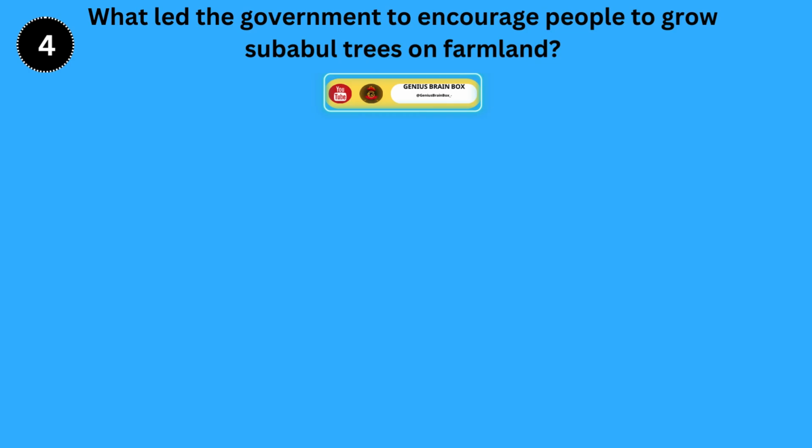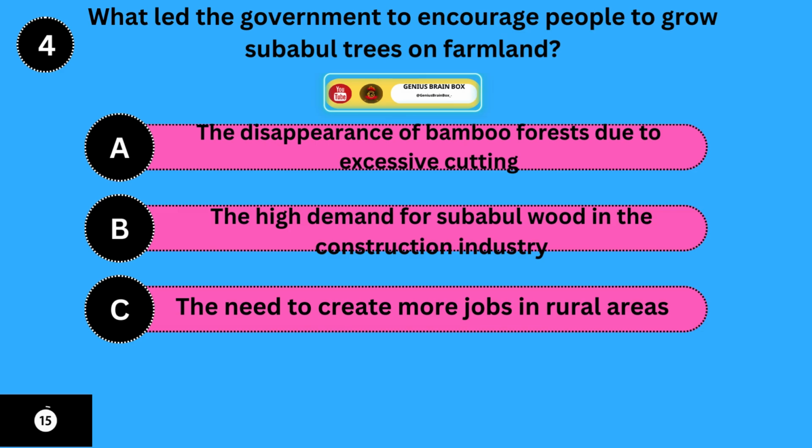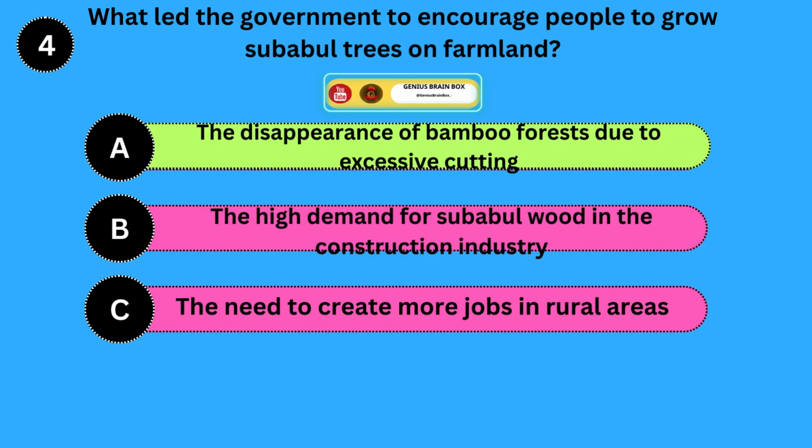What led the government to encourage people to grow subul trees on farmland? Option A. The disappearance of bamboo forests due to excessive cutting. Option B. The high demand for subul wood in the construction industry. Option C. The need to create more jobs in rural areas.